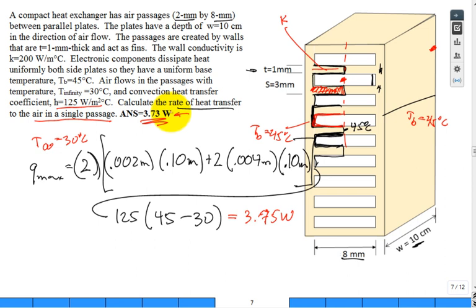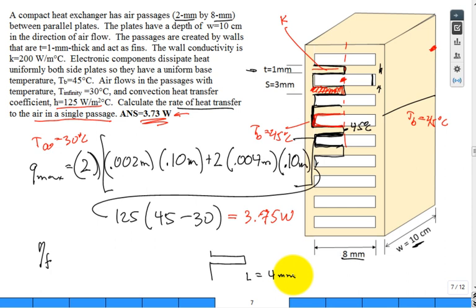Okay, so the first calculation, what I'd want to do is get a fin efficiency for that one fin. All it is sticking out like this. What is this L right here? The length of the fin. Isn't that going to be 4 millimeters? And I don't need to use L sub C because it truly is insulated thermally.